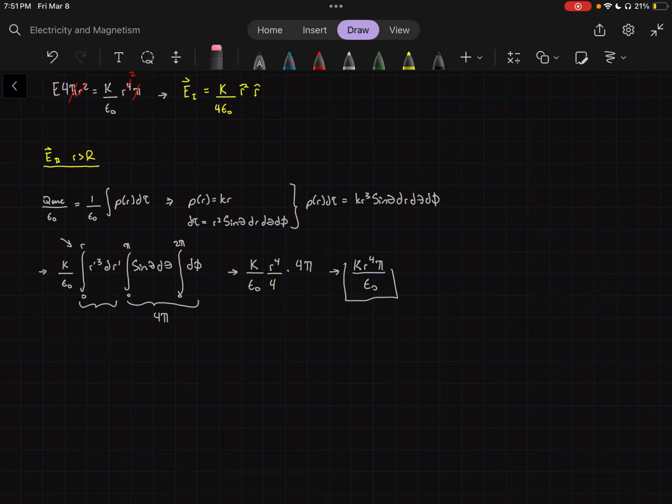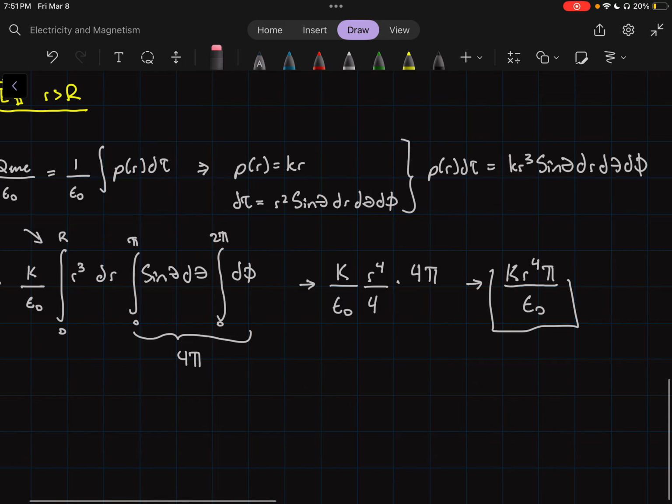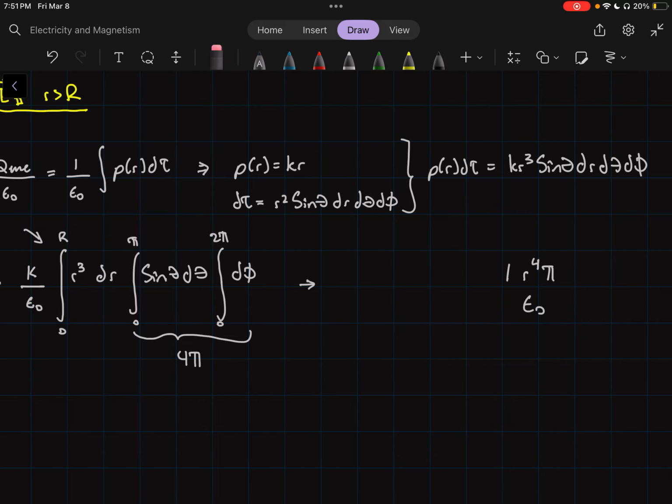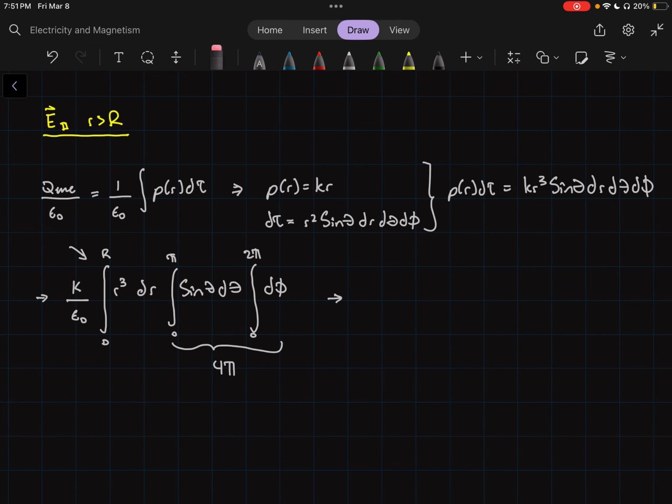There we go. And I'm just going to go ahead and change these bounds of integration. That doesn't need to be primed anymore. We'll say from 0 to r of just r cubed. Everything else still holds. The only thing that will change is our bounds of integration.